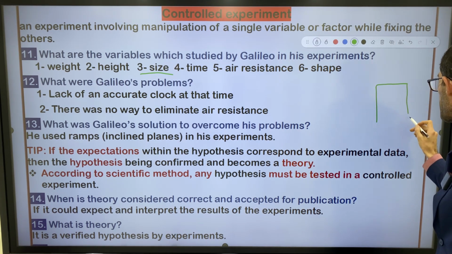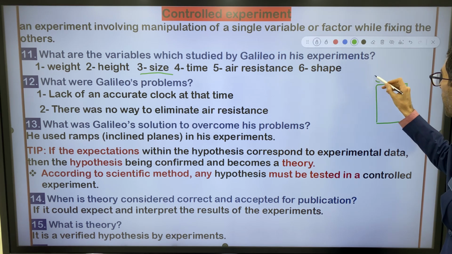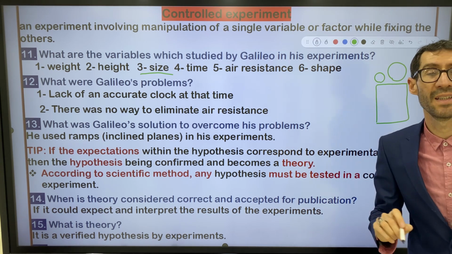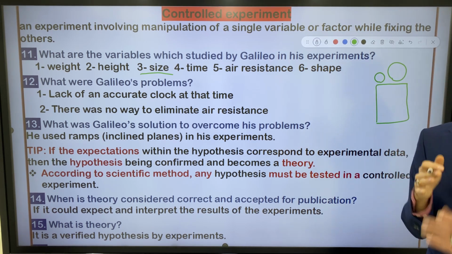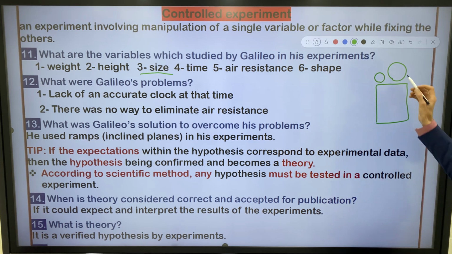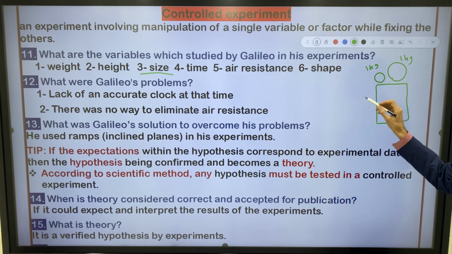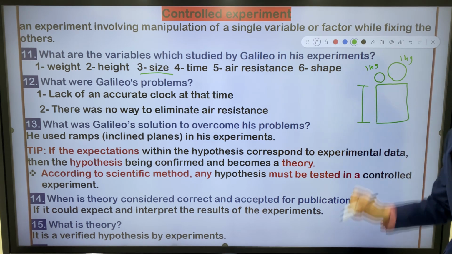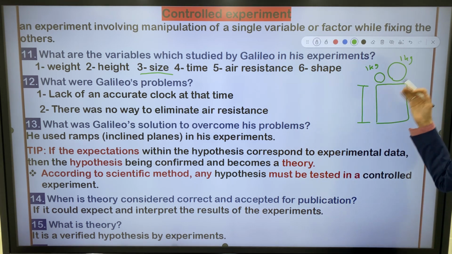Let me give you a situation. The person should bring two balls with different sizes, but with the same mass, 1 kilogram, 1 kilogram. They have to fall from the same height. The height is constant, fixed for both.